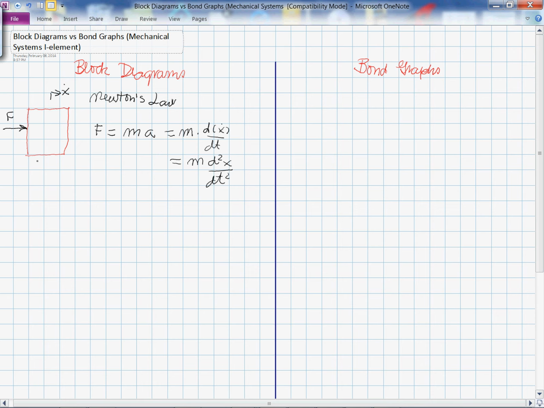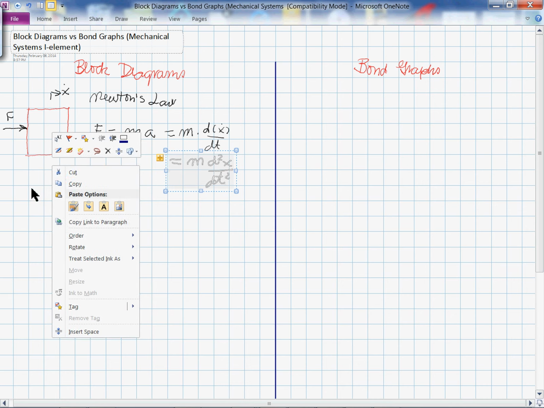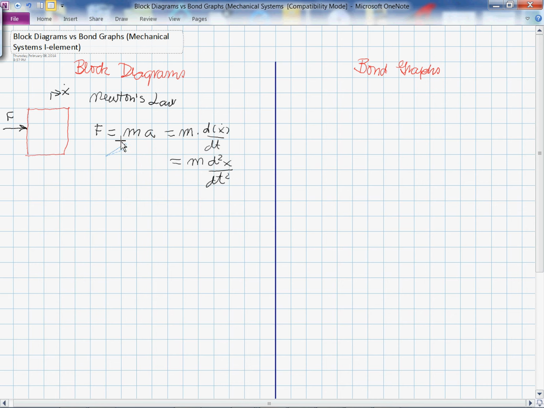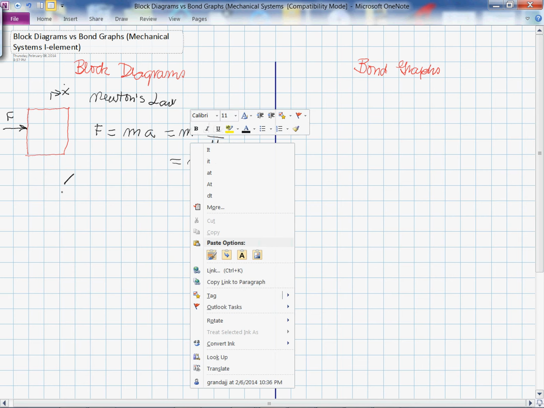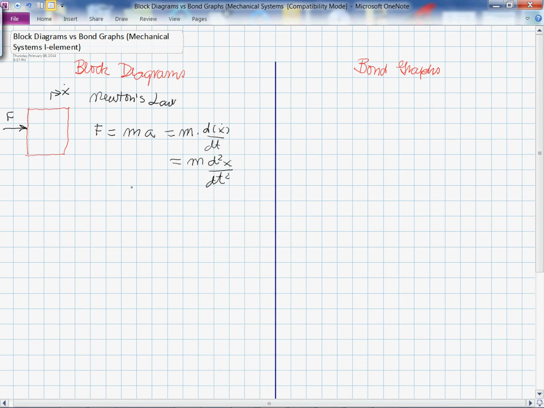What we first need to notice is that if we have this differential equation that represents the motion, we need to recognize that there is an input and there is an output. On this side, this would be the output, and on this side you will have the input.